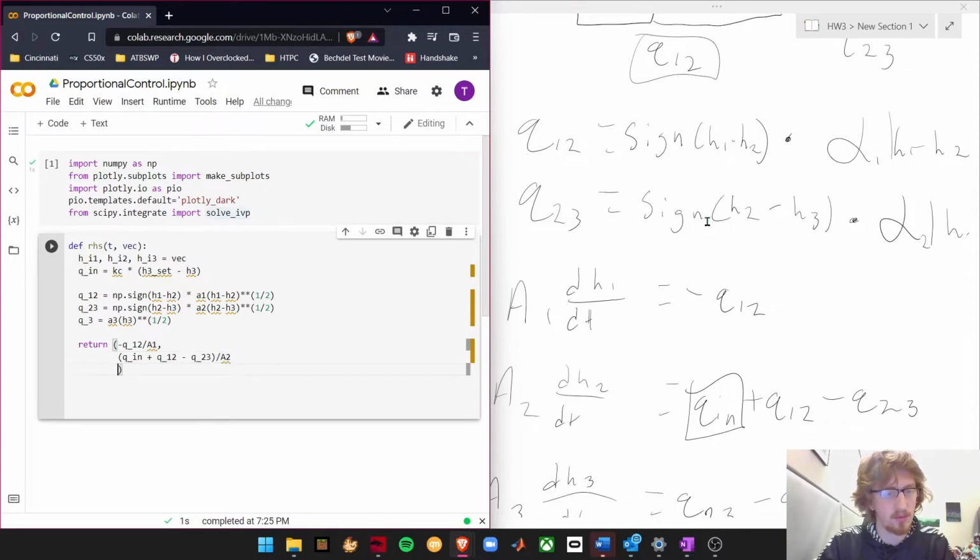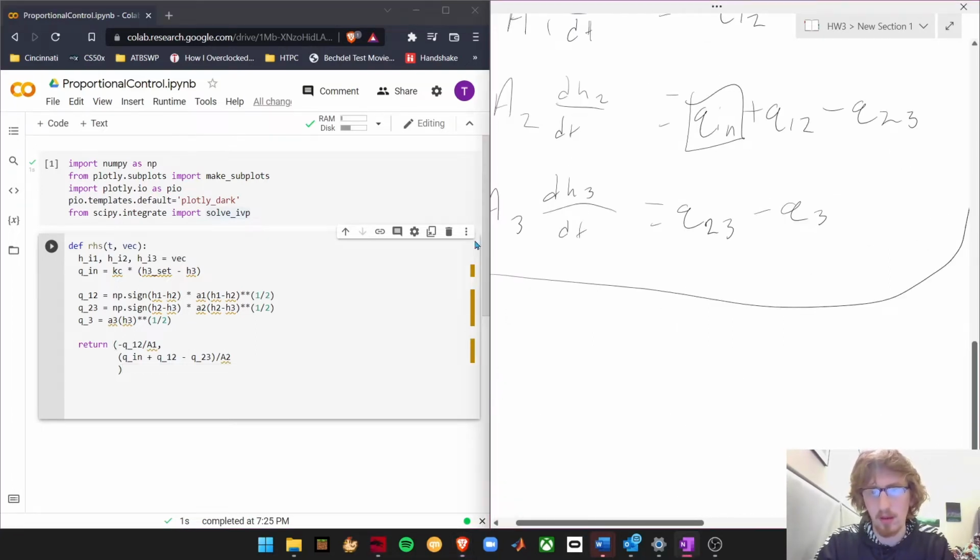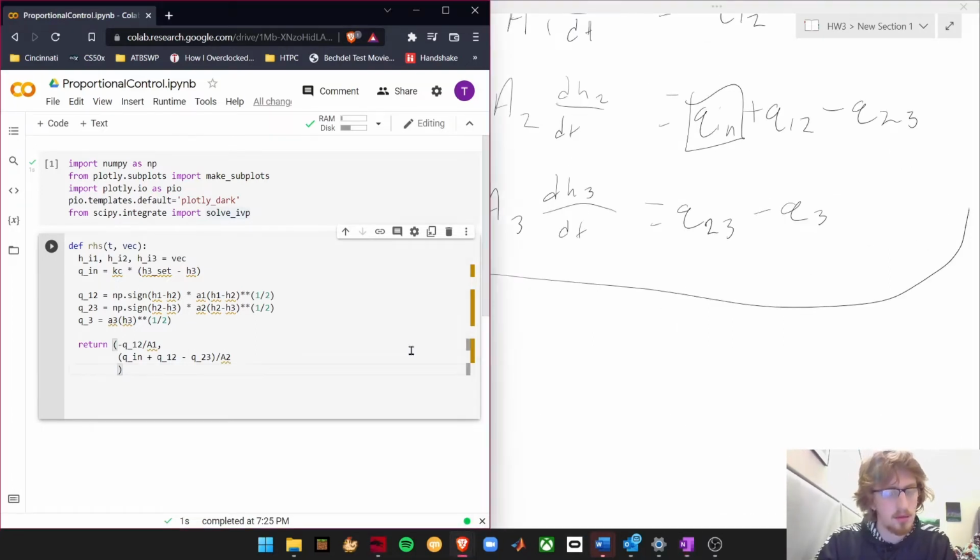And then same thing with the equation for tank 3. It's going to be the outflow from tank 2 to 3 minus the outflow from tank 3 by itself. And then, of course, we're going to be dividing by the cross-sectional area one more time.